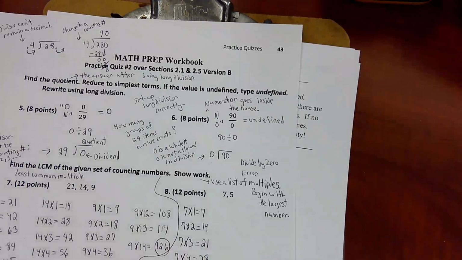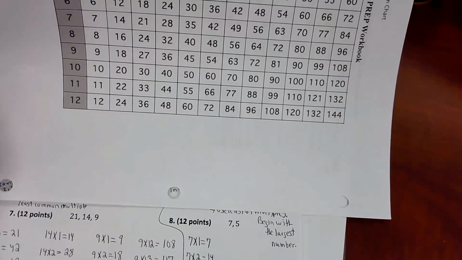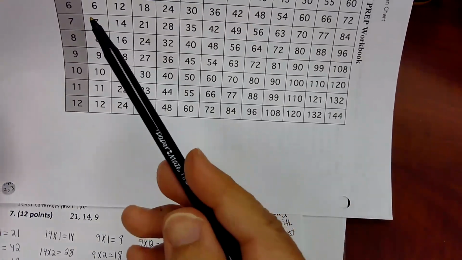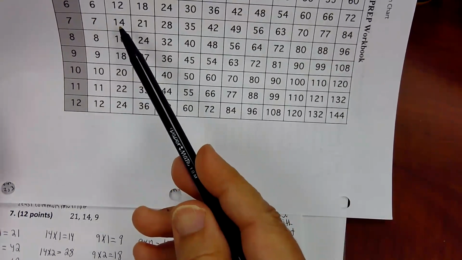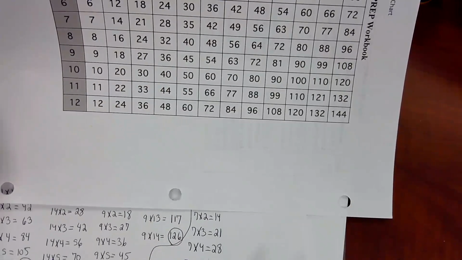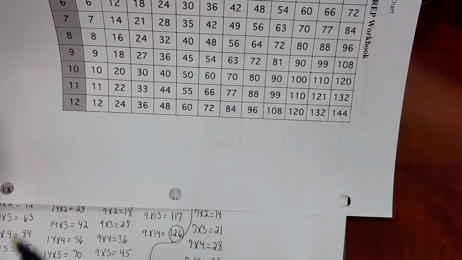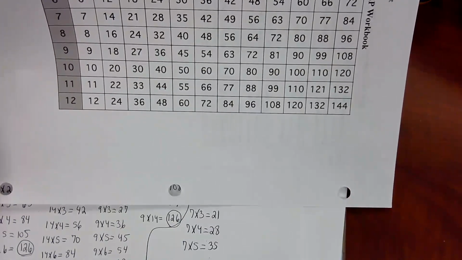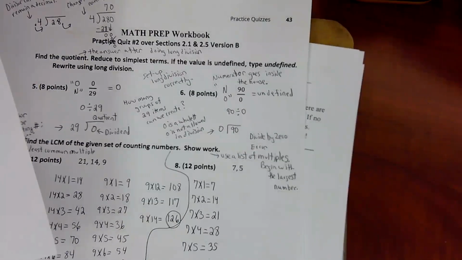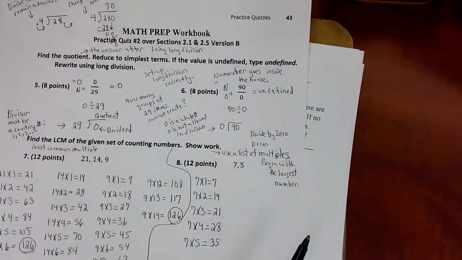And we should just double check this on the multiples of 7 here. 7 times 1 is 7, times 2 is 14, times 3 is 21, times 4 is 28, times 5 is 35. Okay. We could keep going, but I think we're going to find a match because I think 35 is the answer.